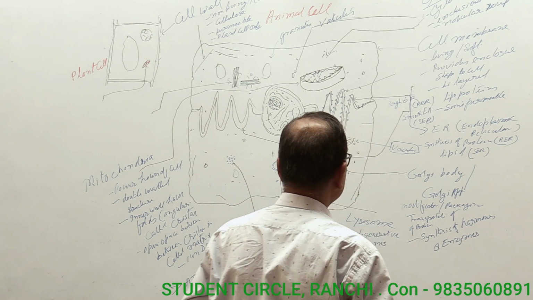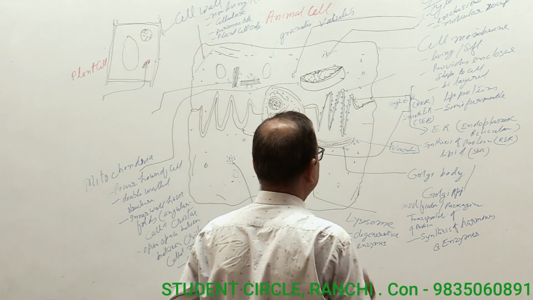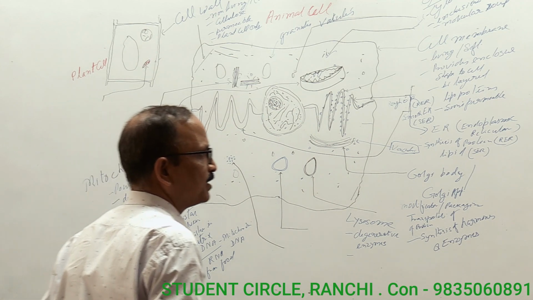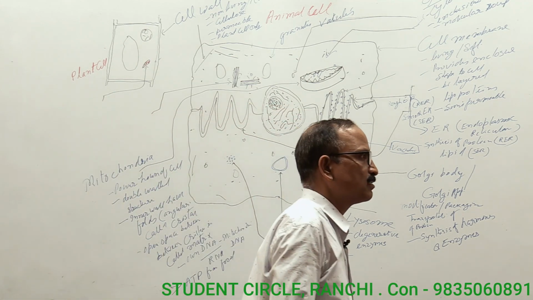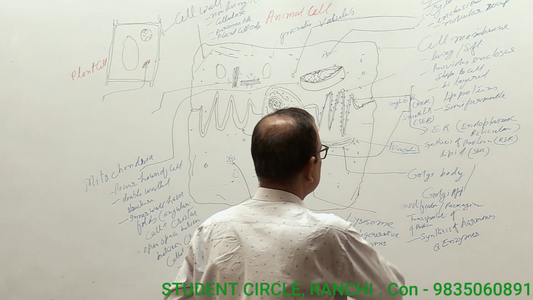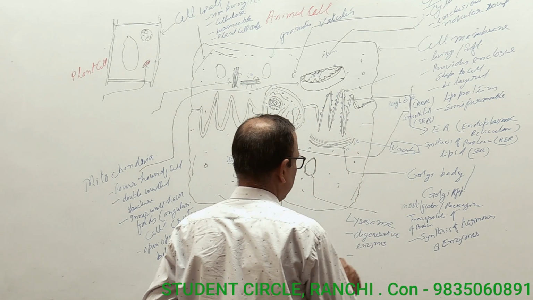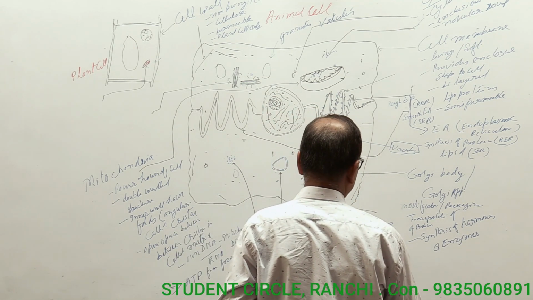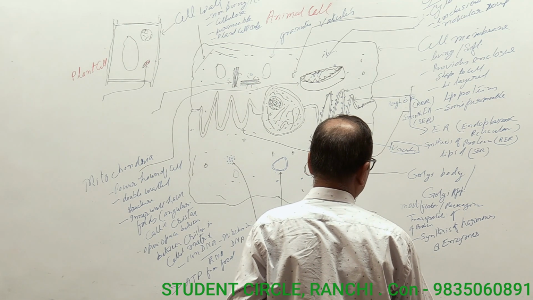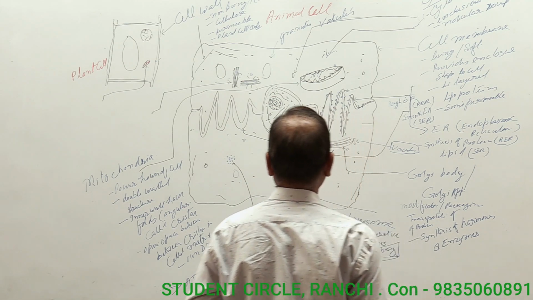Because it contains degenerative enzymes to digest the waste materials and the foreign materials, sometimes it destroys its own organelles and so it becomes suicidal. So the lysosome is also called suicidal bag. Okay, things to remember, suicidal bag.